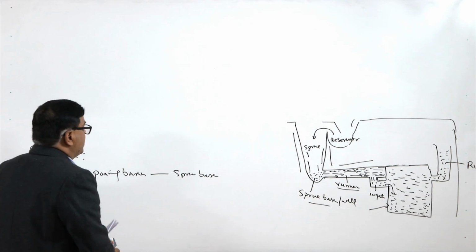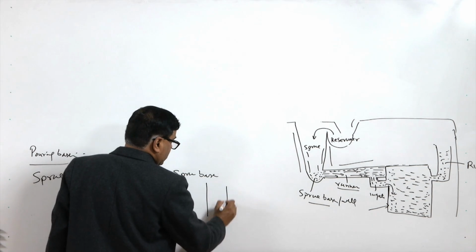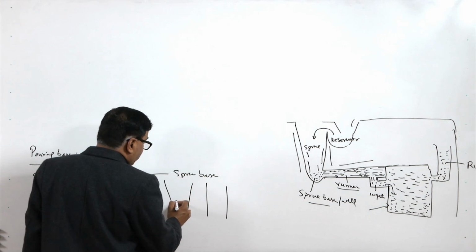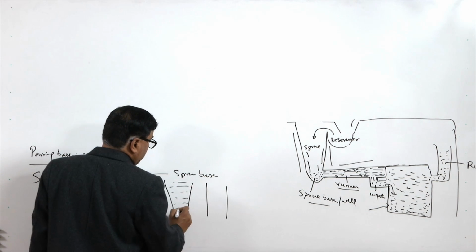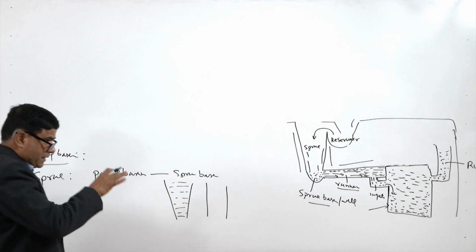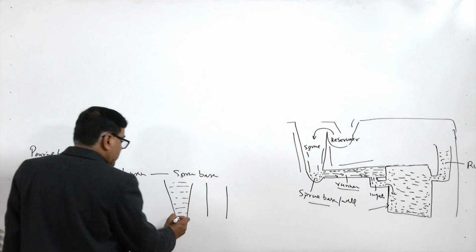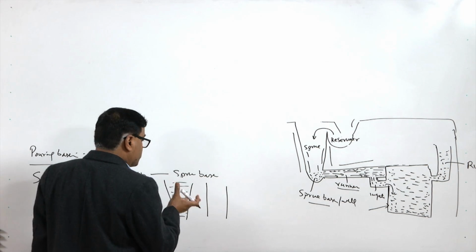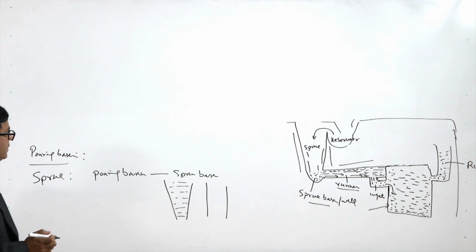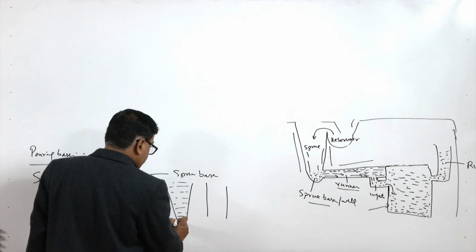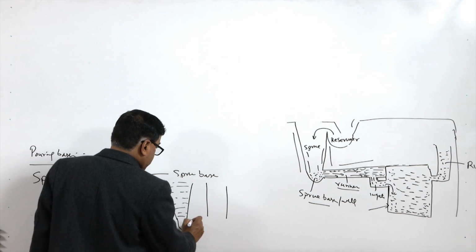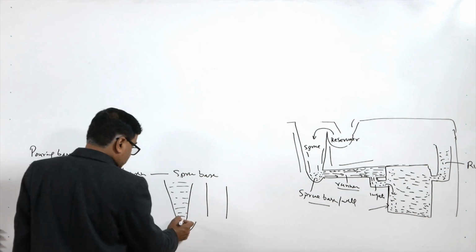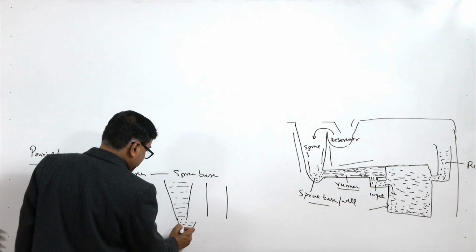That is why, instead of the simple cylindrical shape of the sprue, a tapered shape is used, so that it will always be full of the molten metal, and the increase in velocity is countered with the reduction in cross section in order to avoid any negative pressure zone, and so as to reduce the air aspiration tendency. So, the conical or tapered sprue is used for this purpose, and when the molten metal reaches the bottom, it fills the sprue base.